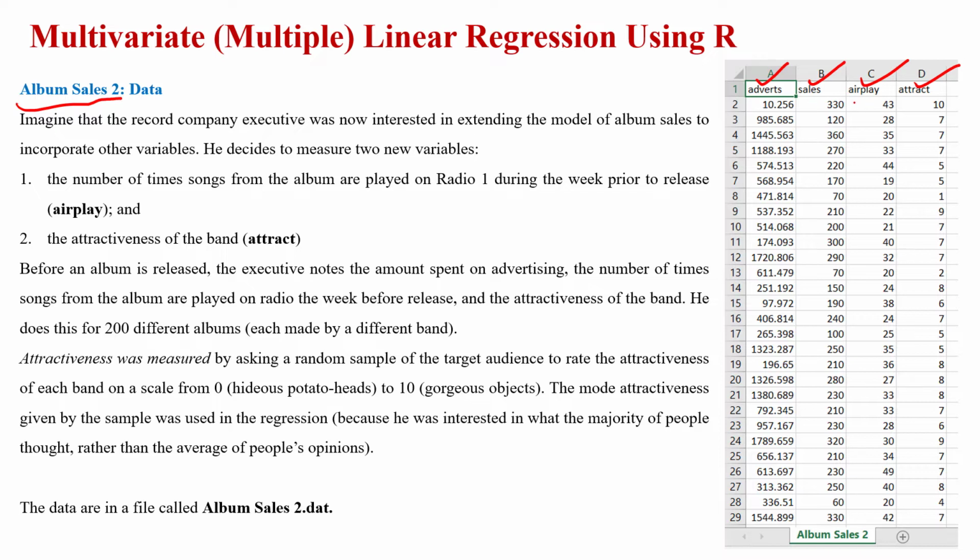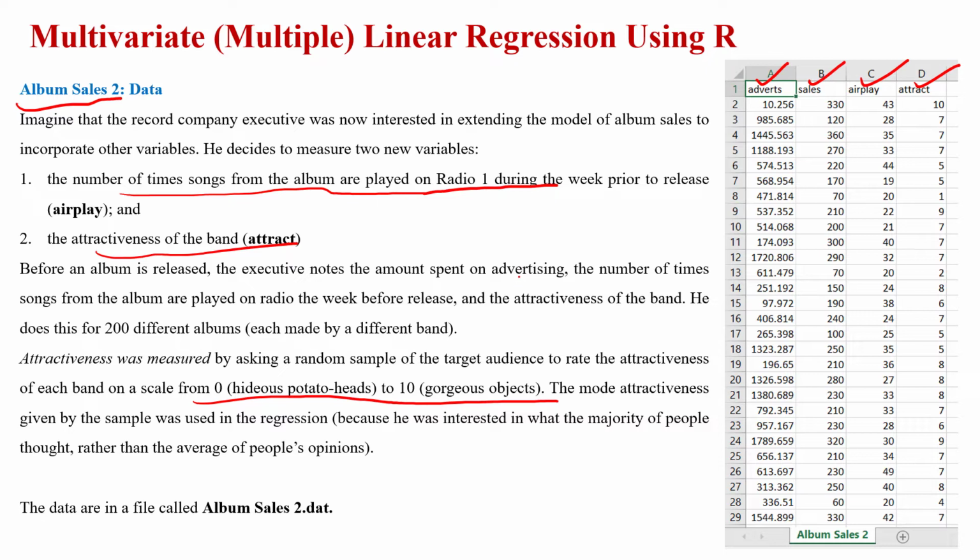Airplay is the number of times the songs from the album are played on the radio during the week. Similarly, attractiveness is the attractiveness of the band, scaled from 0 to 10, where 10 indicates the more attractive the song is.